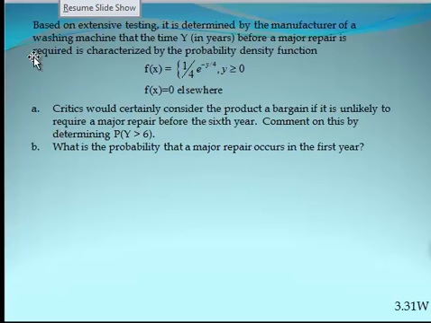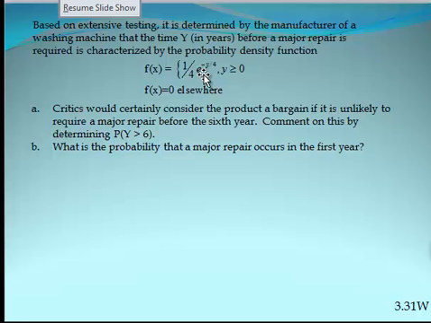So now, based on extensive testing, we find this particular problem, and what I would like you to do is work this problem. One thing I want you to notice is it says that, based on extensive testing, it's determined that the time y in years before a major repair is required is characterized by this.